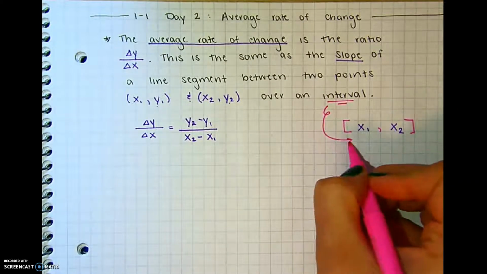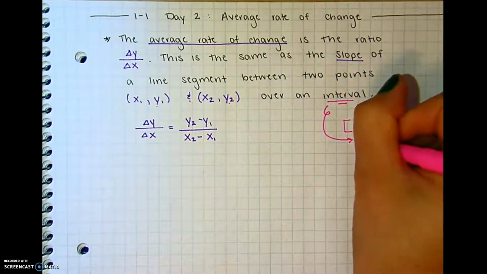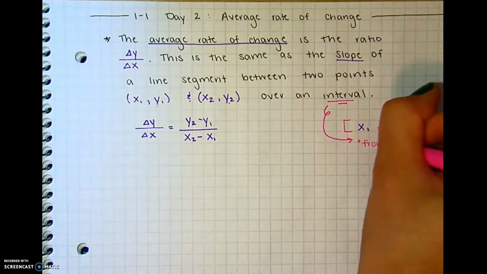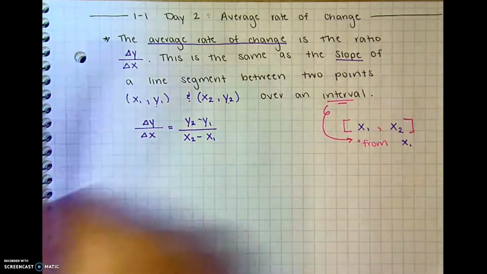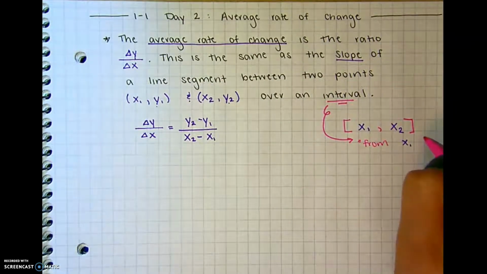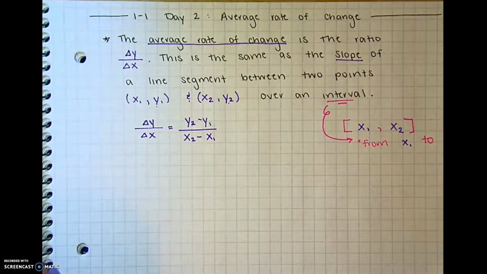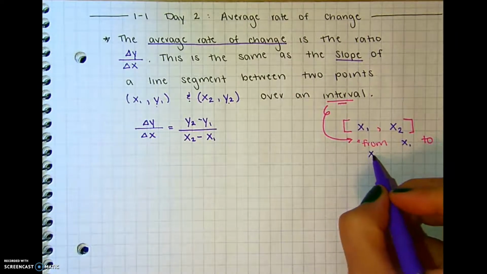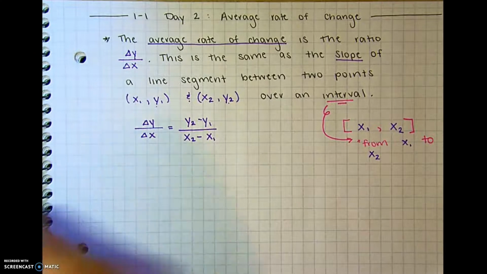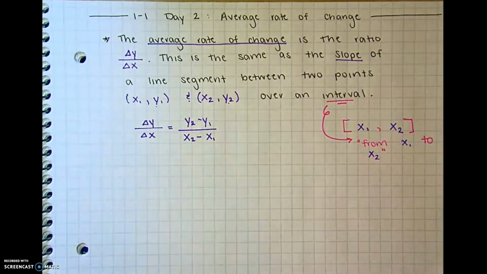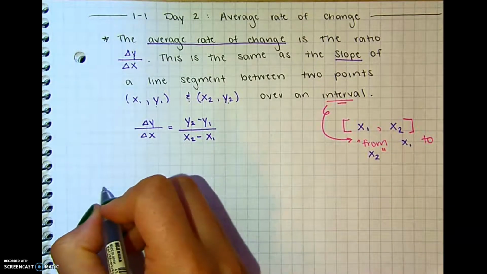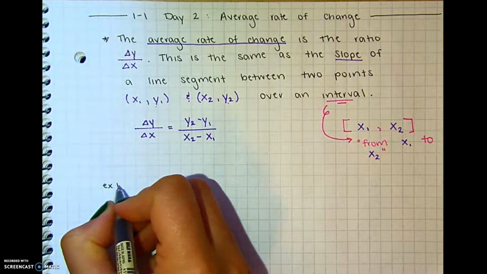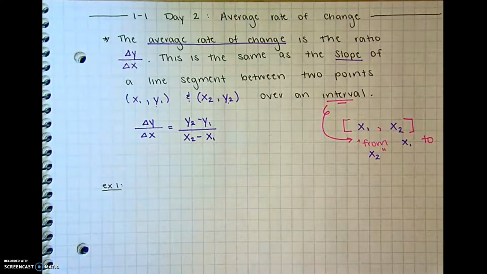So this is saying, quote, from x1 to x2. And that is it. So today I'm going to do an example to help you better understand. And then we'll also do an example in class.